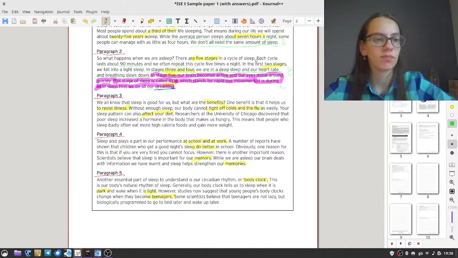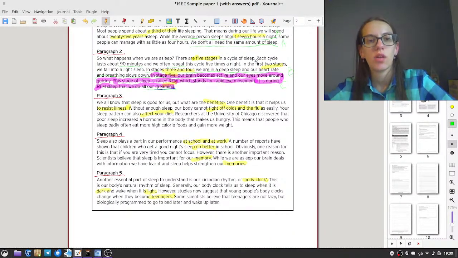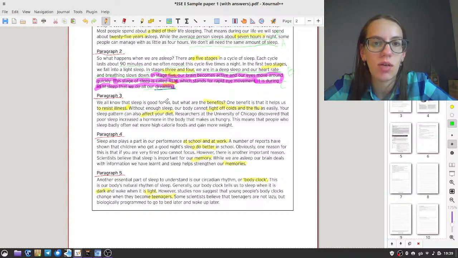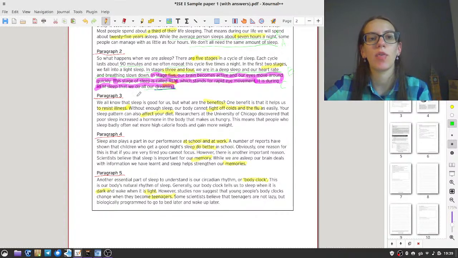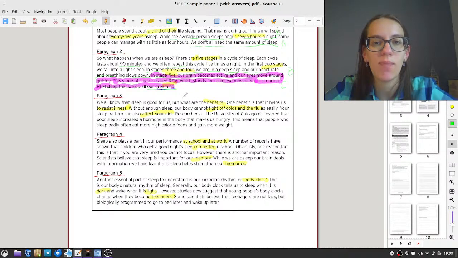D. I would say it's paragraph 3, when we talk about health, about resisting illnesses and diet. So what information do we have here?